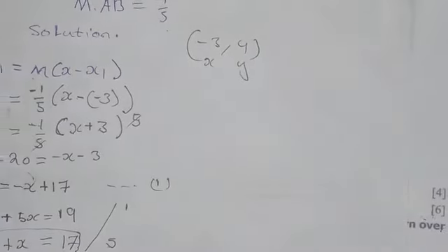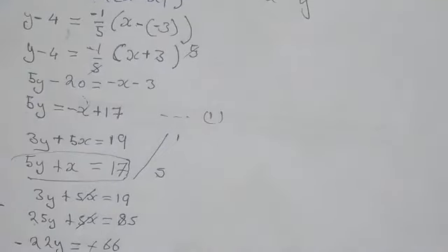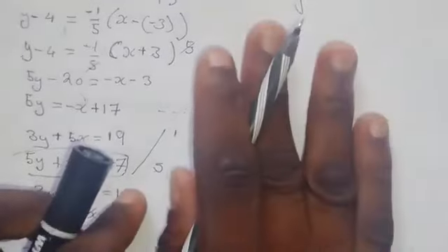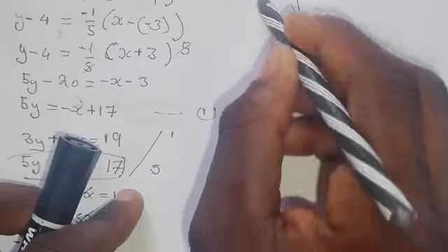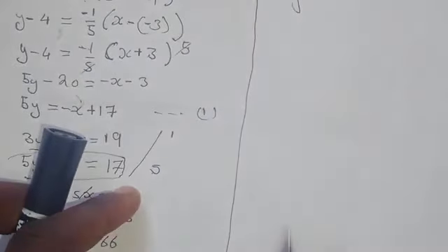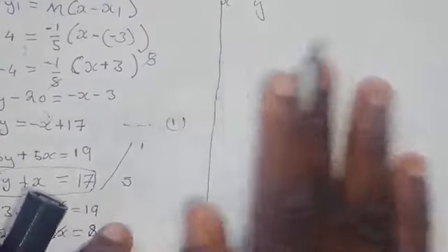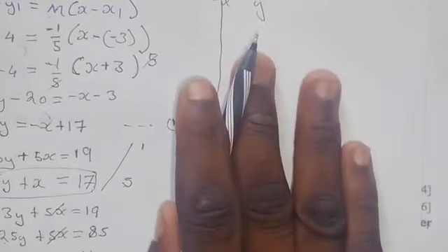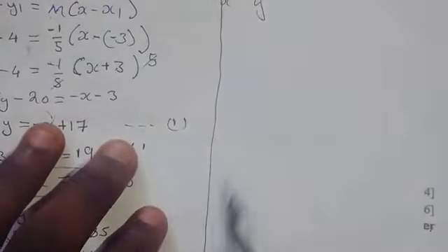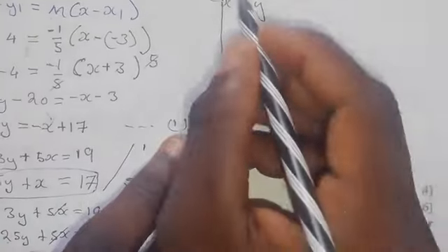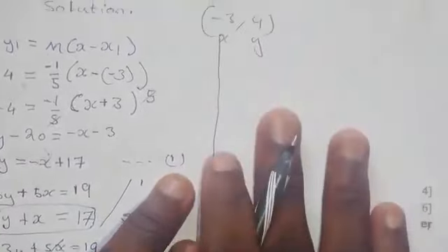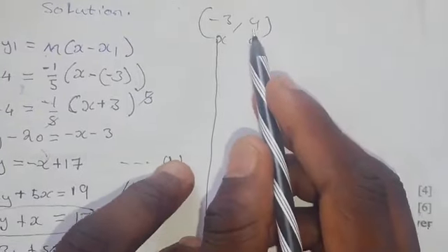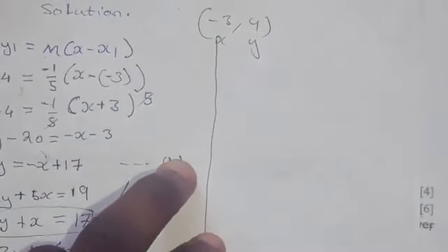For AC, we just solve it here. We have the point negative 3, 4 as A. Remember, we are finding the equation of AC.